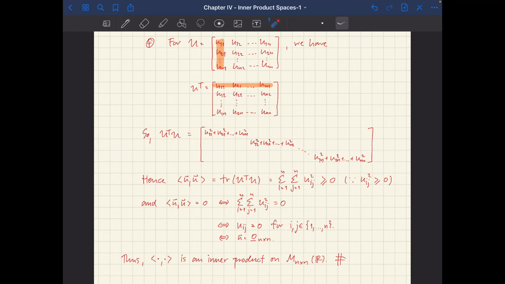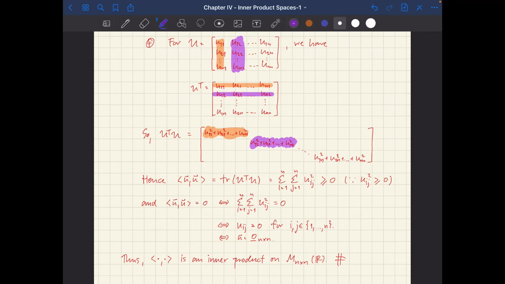The next entry is u12 squared plus u22 squared and so on, because it came from the second row of u transpose and the second column of u.